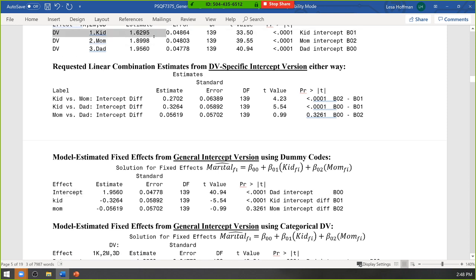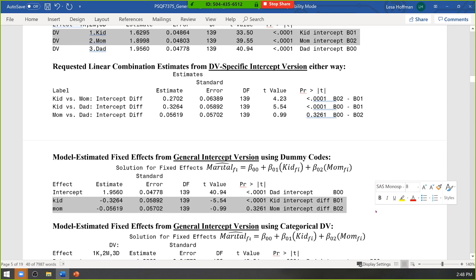Now up here, kid and mom, relative to down here, kid and mom, they're not the same. So even though it's the same predictor variables in the model, it's just the 2 dummy codes for the kid and for the mom, they don't mean the same thing. Up above, without a general intercept, they represent the intercept for each DV directly.